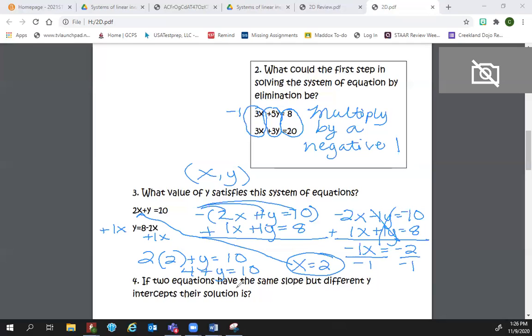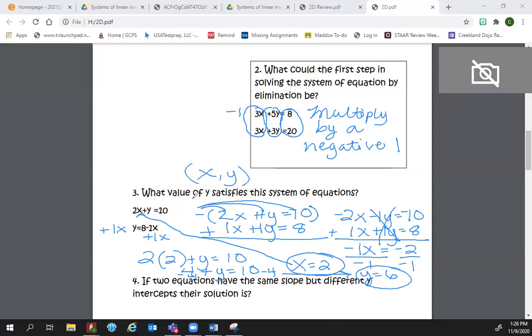How do I get it by itself? Subtract by 4. What does y equal? 10 minus 4 is 6. Good job.